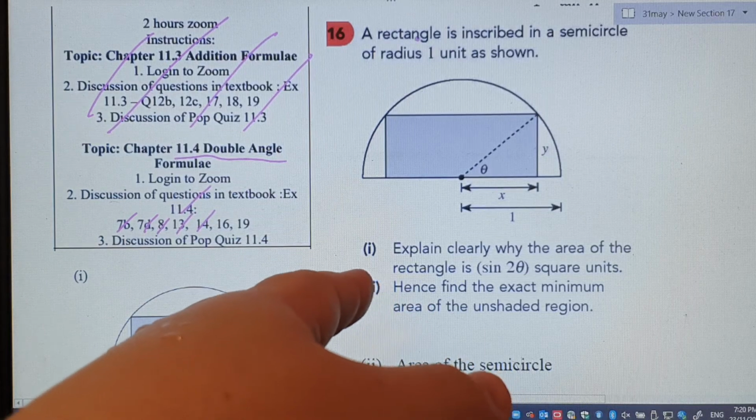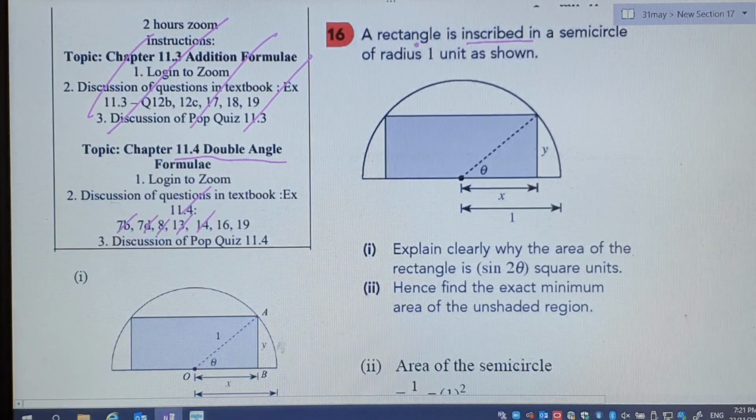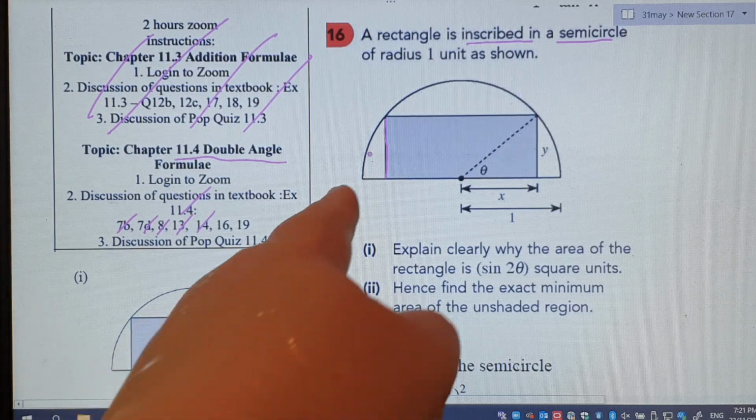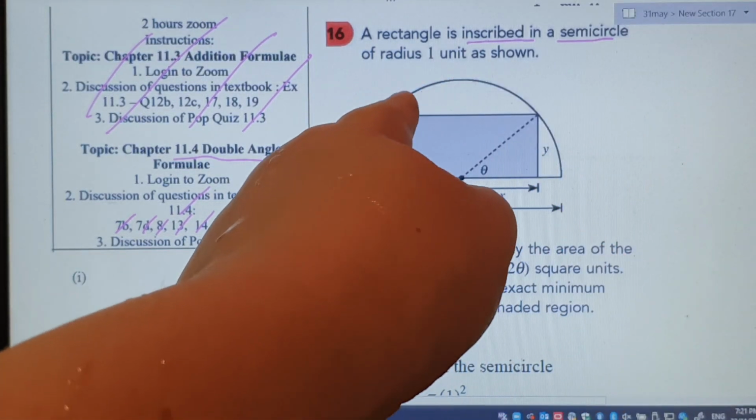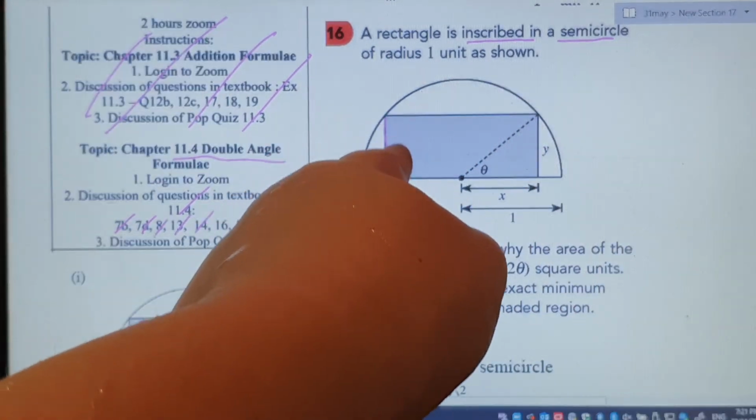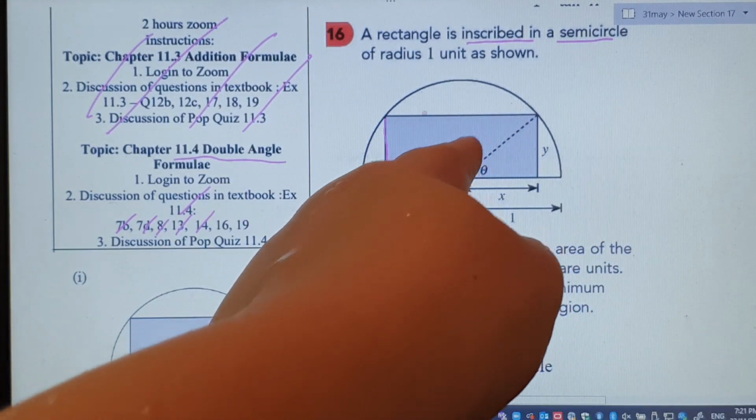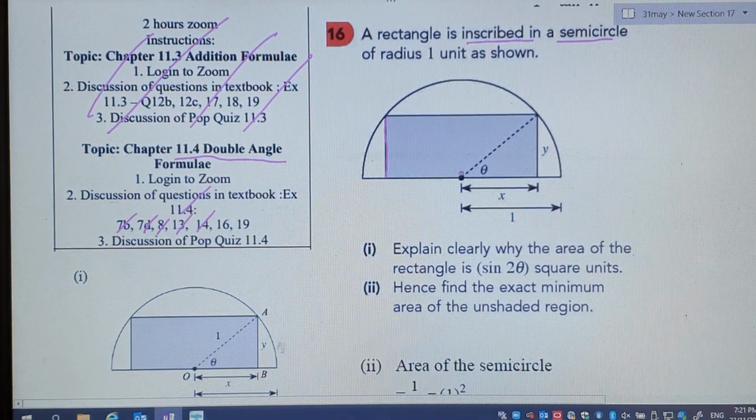A rectangle is inscribed. Now, inscribed means that it is totally inside the other shape. So it's inscribed in a semicircle. You can see here is a semicircle, right? So this rectangle is totally inside this semicircle, and you are told that the radius of the semicircle is 1 unit.